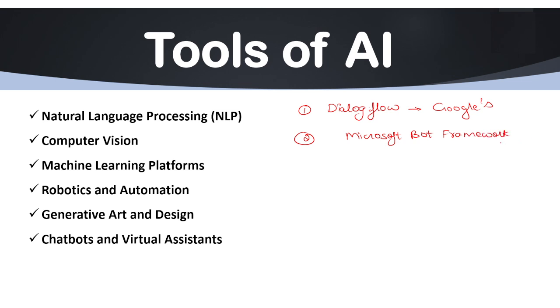It is a platform for building and connecting chatbots. Third point we have is Rasa. It is an open source framework that is used for building conversational artificial intelligence. Okay, so these are the chatbots and virtual assistants. That is one of the most important application tools of artificial intelligence.